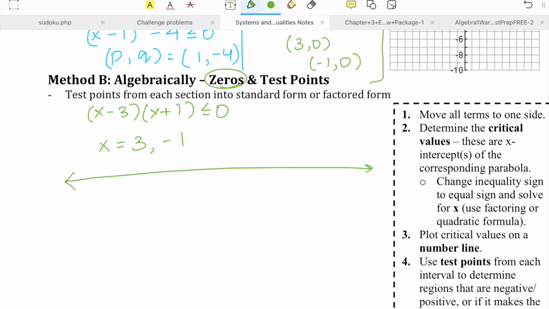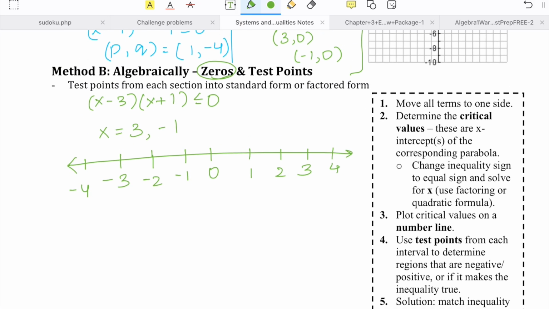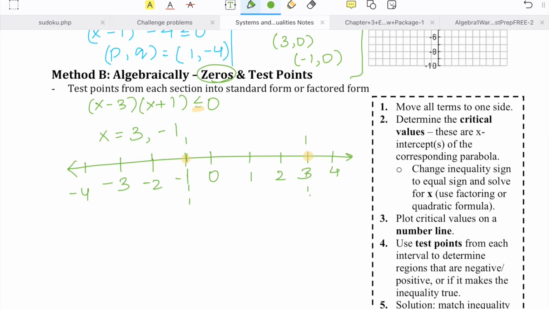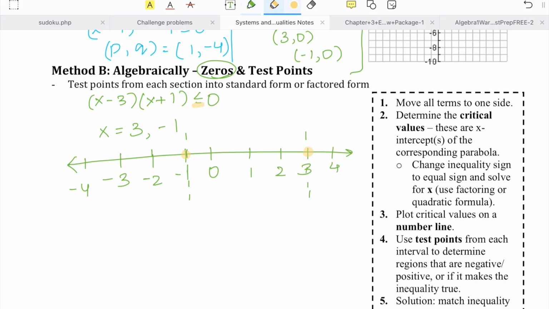So I'm going to go from 4, 3, 2, 1, 0, -1, -2, -3, and -4. Now, clearly, because it's an equal to sign, my 3 is being included and my -1 is being included. And everything in between that is also included. Okay?